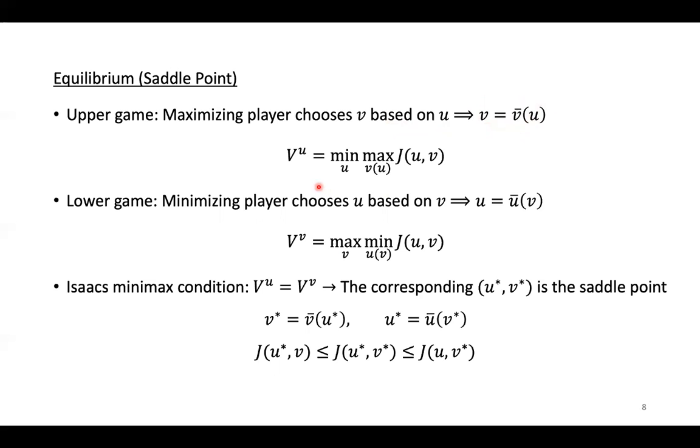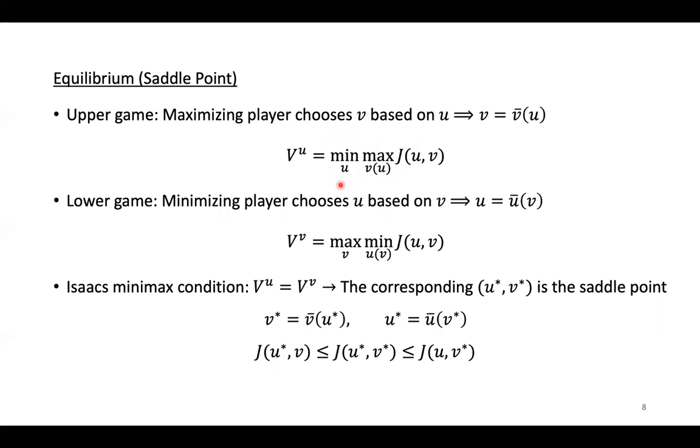And in this case, as defined in the optimal control case, the value of this upper game is defined as min over u of max over v of J(u, v), which means given u, the maximizing player is optimizing over that information, and then we find the best u that the minimizing player can choose.